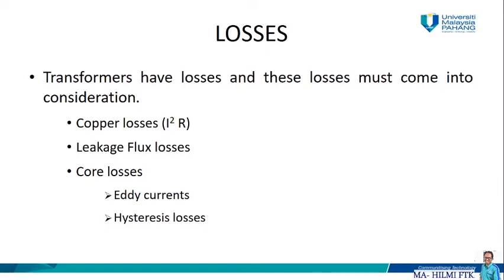The main three losses of power inside a transformer are, first, copper losses, given by the loss due to the resistive characteristic of the copper, given by the equation I squared times R. The second loss is caused by the leakage of the flux, and the third loss is caused by the core, where we have two different factors, which are the eddy currents and the hysteresis losses.